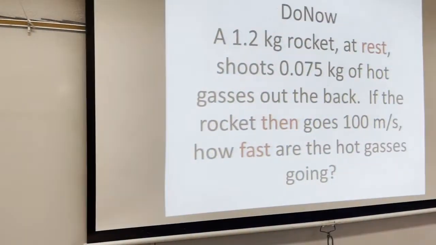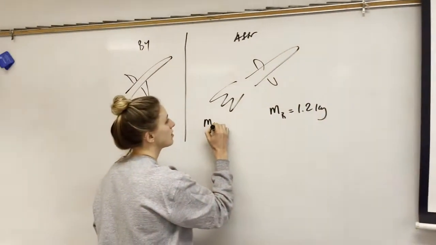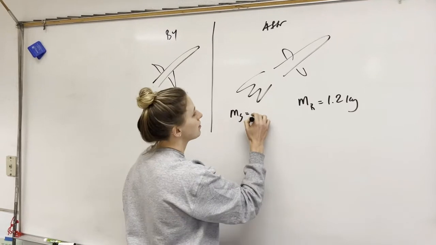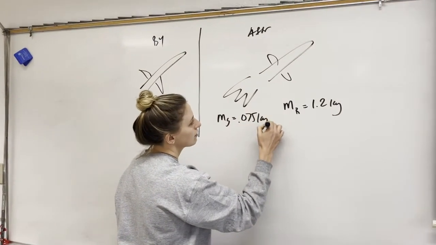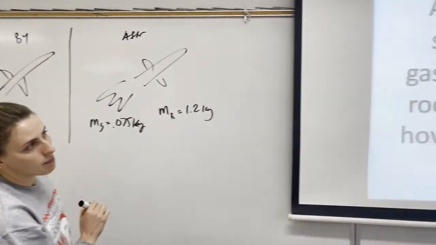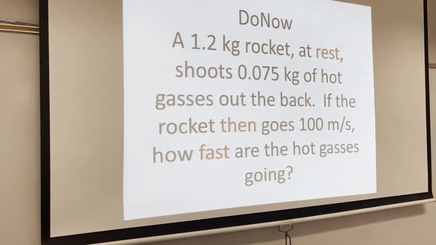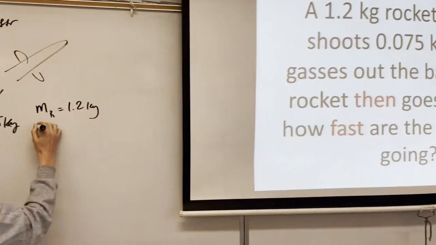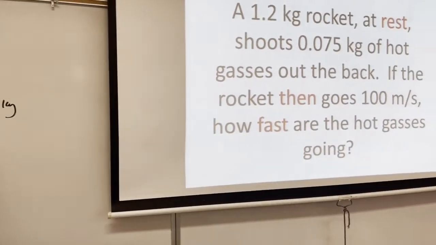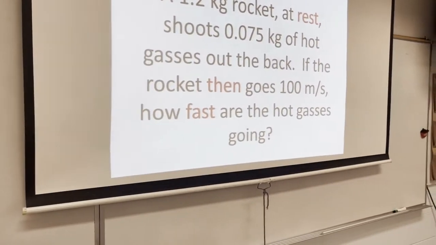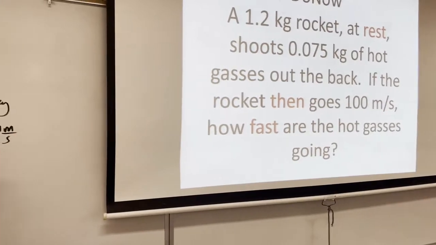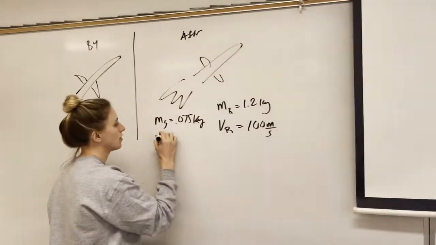And it shoots out this many kilograms of the mass of the gas, 0.075 kilograms, out the back. The rocket is then going 100 meters per second, and the gases, we want to know what that is. And the velocity of the gas.